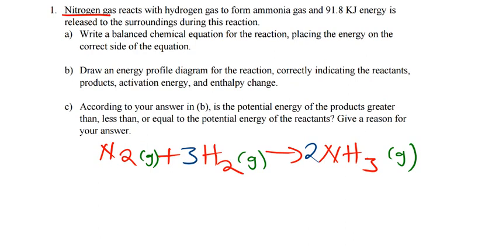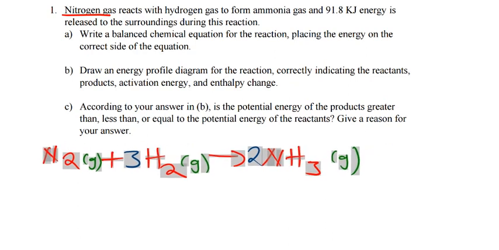Now A is saying not only are we writing the balanced chemical equation, we should also indicate the energy, and place it on the correct side of the equation. So what are we told in the question? We are told that this amount of energy was released. So is this endothermic or exothermic? It's an exothermic reaction.